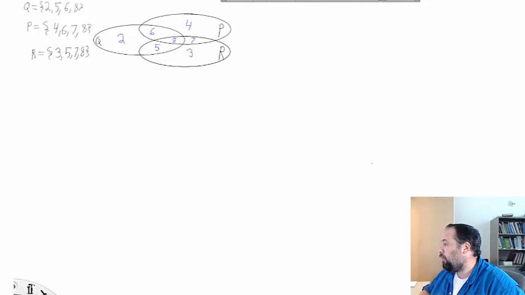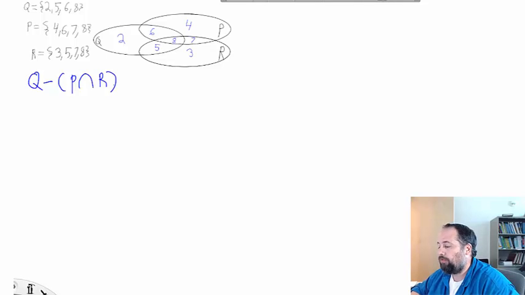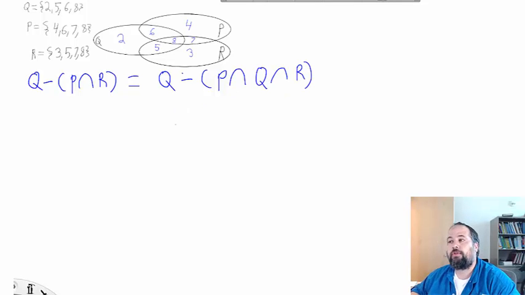So what they wanted to prove was Q minus (P and R) equals (Q minus P) intersection (Q minus R). So they want to show that those two are equivalent.